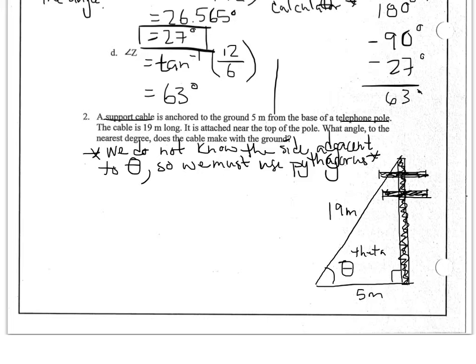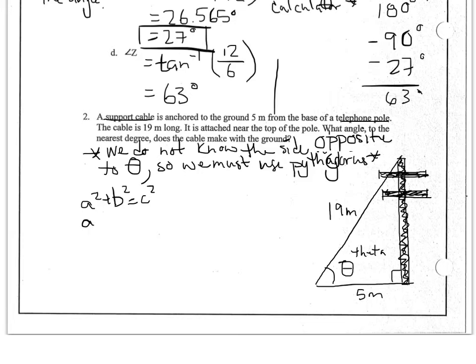Because for tangent we need opposite and adjacent, we don't actually have the opposite side. We do not know the side opposite to theta. Okay? So we know that a squared plus b squared equals c squared.